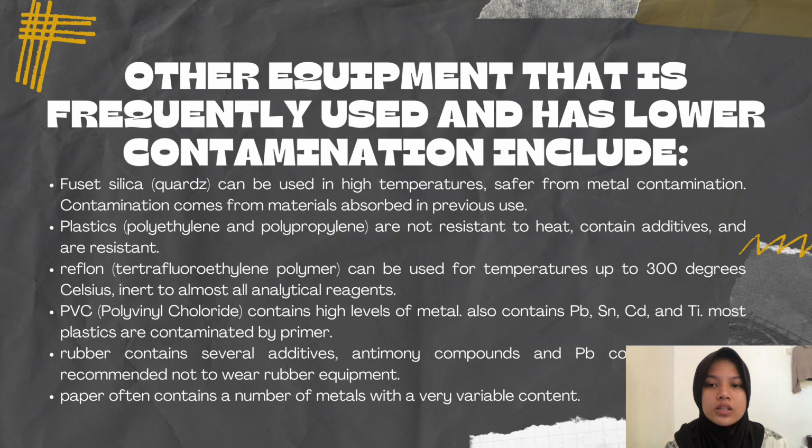Number 2 is operator, which occurs through direct contact or through the air. Number 3 is equipment. Glass in analytical chemistry means borosilicate glass such as Pyrex unless otherwise specified.